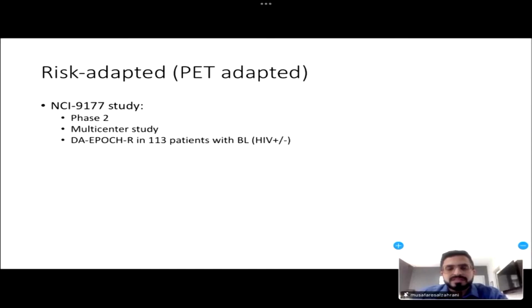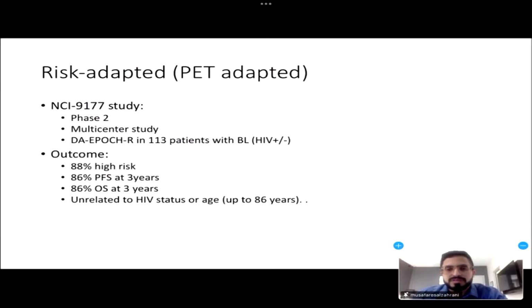This is a phase 2, multi-center study that used dose-adjusted EPOCH-R in a good number of patients, 113, including HIV-positive patients. This had really good progression-free survival and overall survival at 3 years, and the majority of cases were high risk.